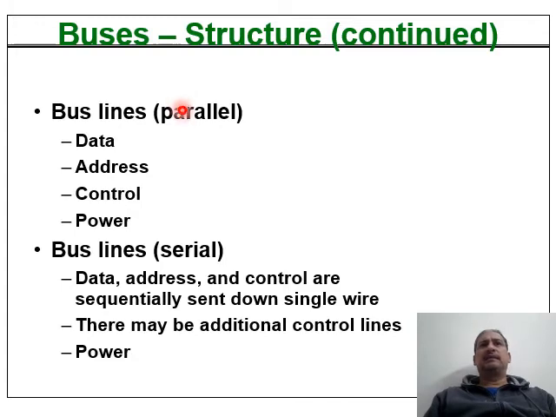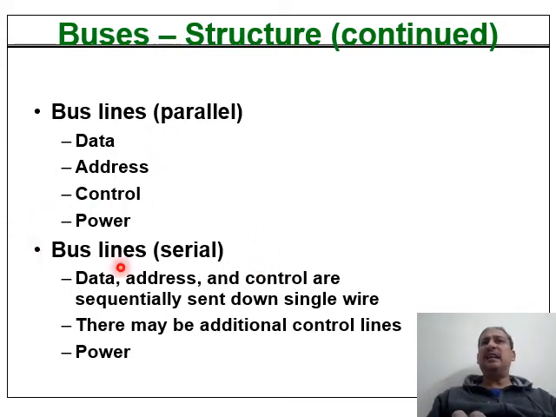So there are essentially four types of bus lines. In case of a computer, we have the data lines which carry the data. We have the address lines which carry the address. We have the control lines which carry the control signals, and we may have power lines for carrying the power. Now this is the case for parallel buses.